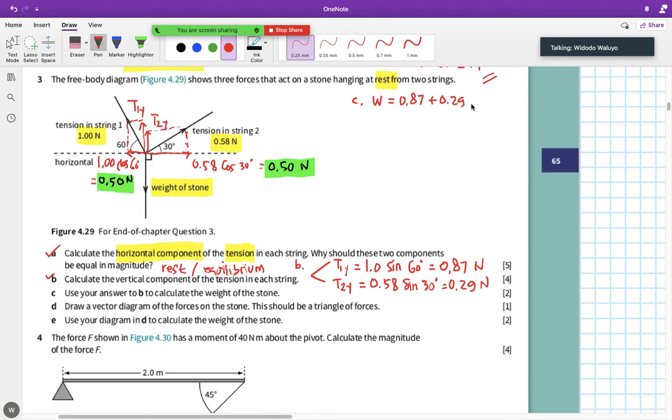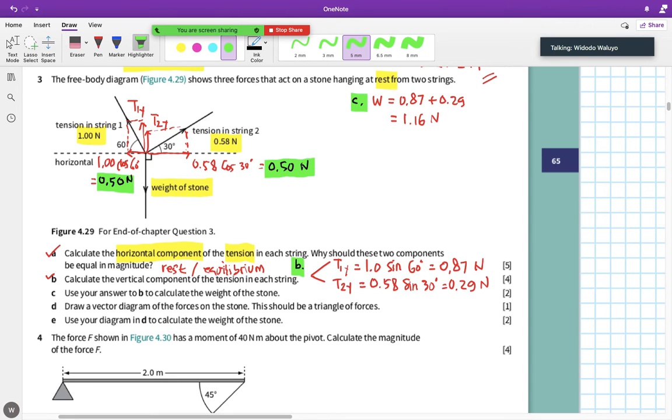Adding this number, we get 1.16 Newton. That's it. This is for C, this is for B, and A is already done.